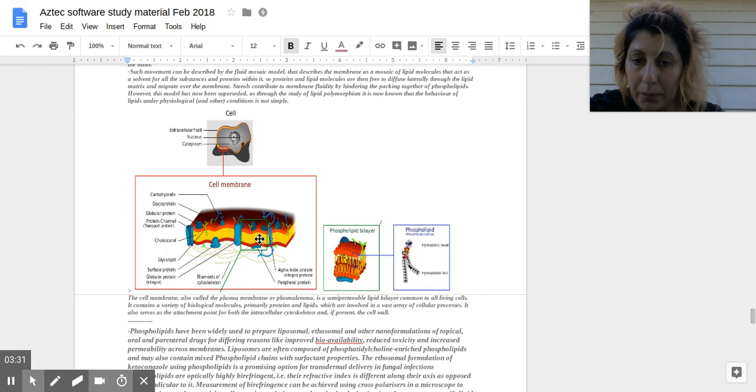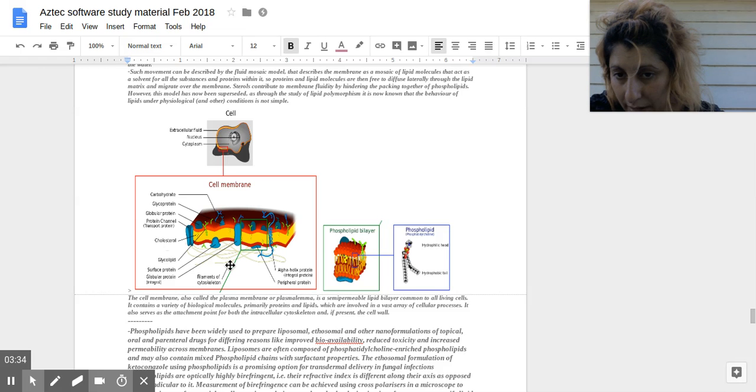Some of these proteins connect with the cytoskeleton filaments.